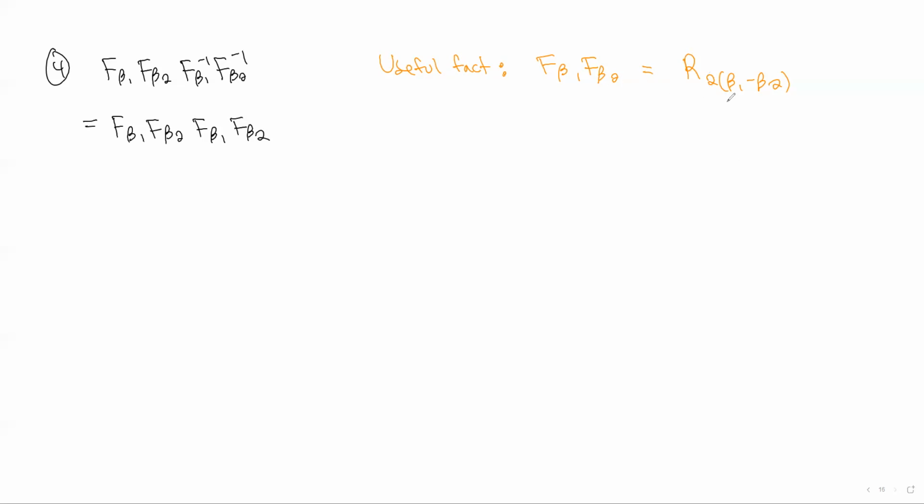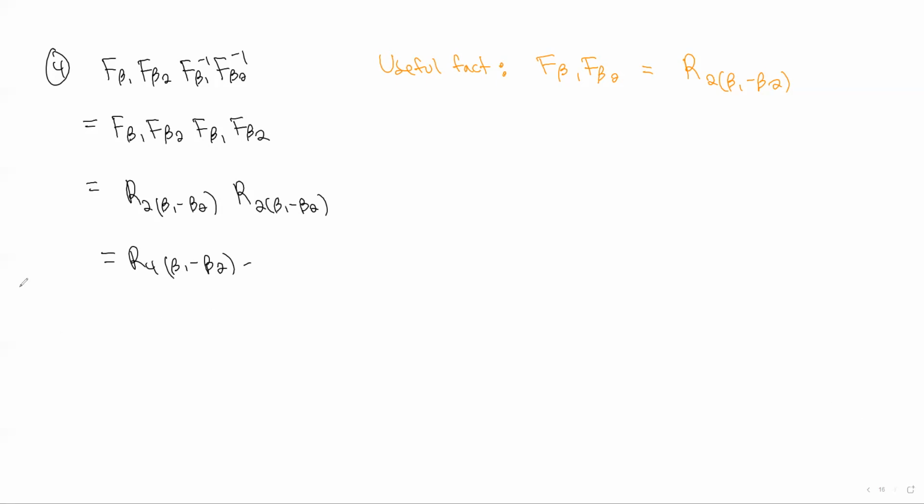And this is something you proved in class. So you showed that the product of two reflections is a rotation by twice the angle between the axes of reflection. Okay, so I can write this as R2 beta 1 minus beta 2 times R2 beta 1 minus beta 2. So I get R4 beta 1 minus beta 2. Okay, and this is all I need.